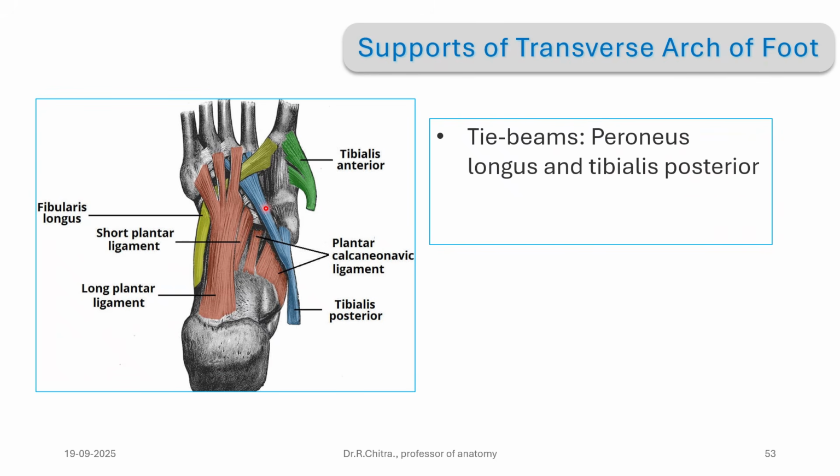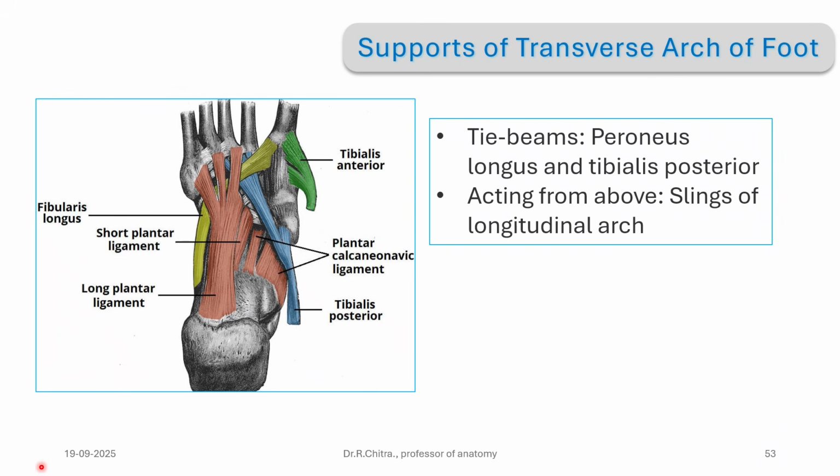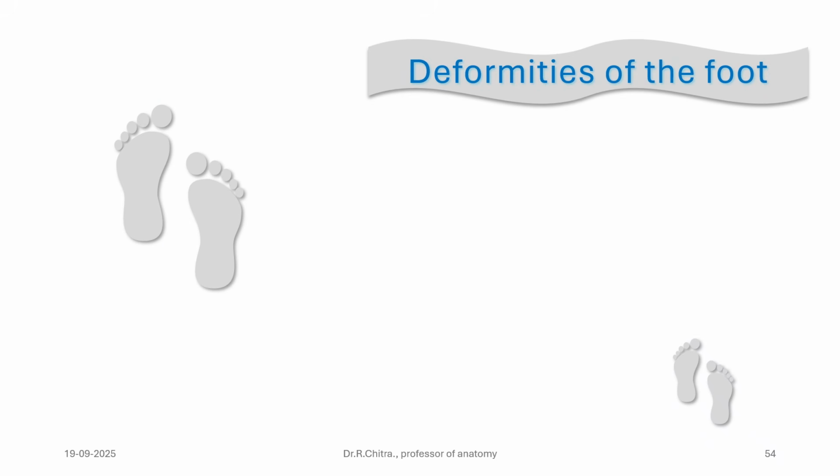Tie beams are peroneus longus and tibialis posterior, acting from above. In fact, slings of the longitudinal arch, the lateral supports the transverse arch also. We have completed the interesting topic, arches of the foot.